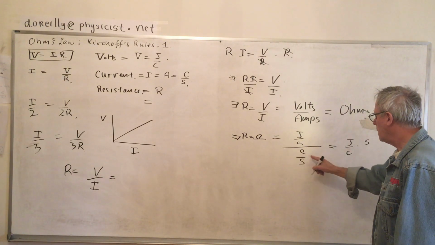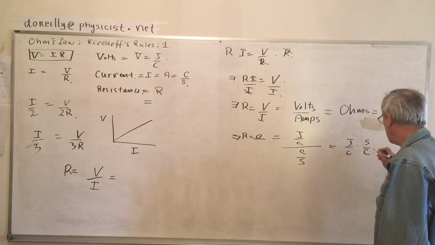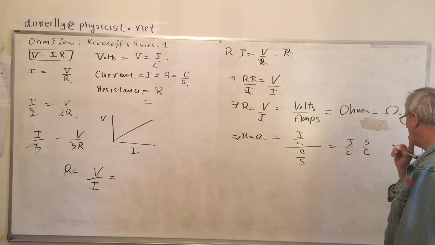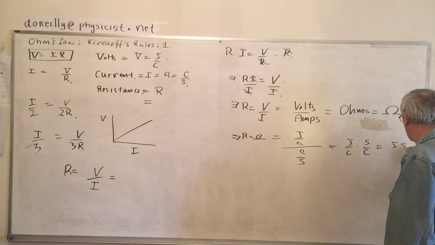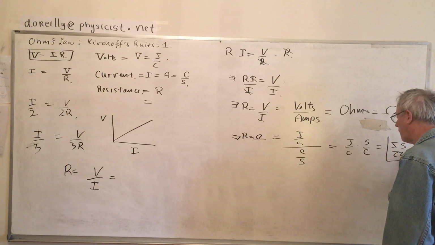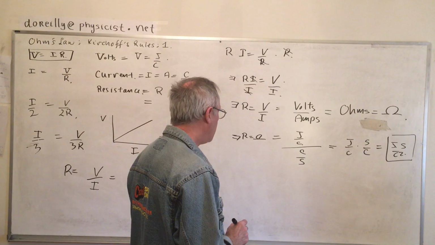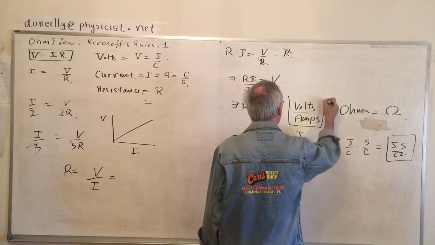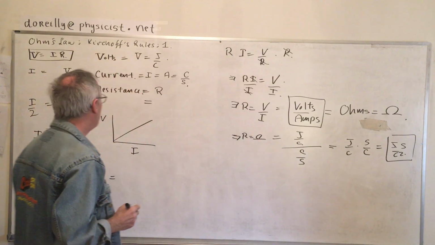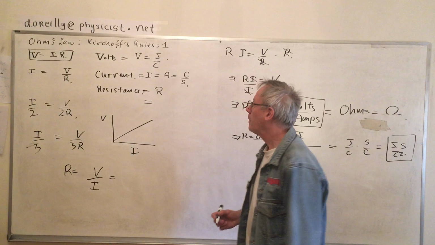Is that right? All right for now. Yeah, I guess so. It doesn't matter, it's still volts over amps for now, that's definitely correct. So now we have three things. I'm going to clean the board and summarize everything.